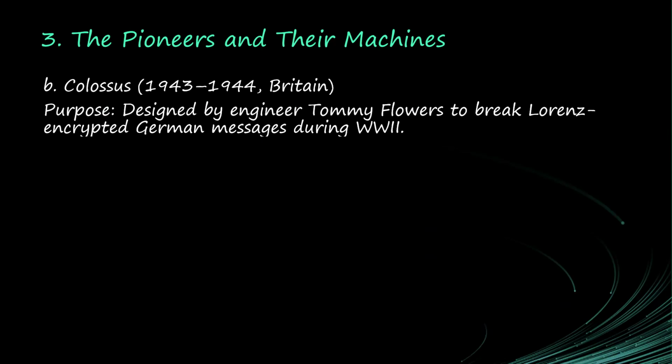When a message is encrypted, somebody else reading it will not understand it. So Lorenz would send a message in an encrypted format, then Tommy Flowers created the Colossus to decrypt it.